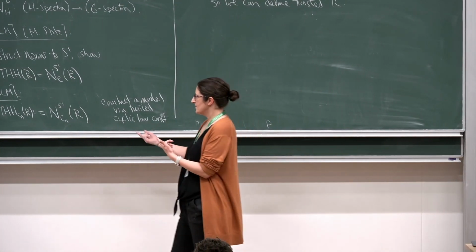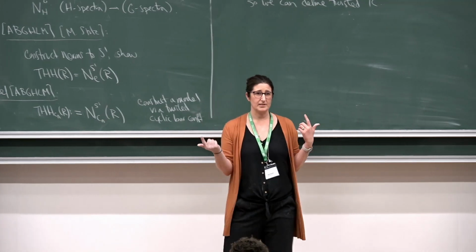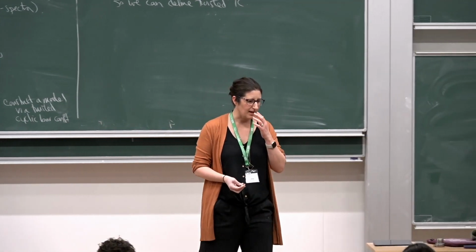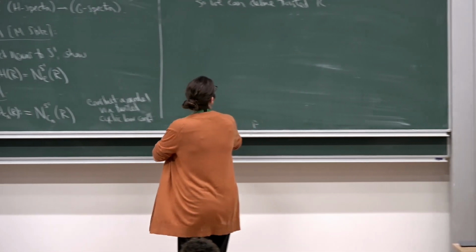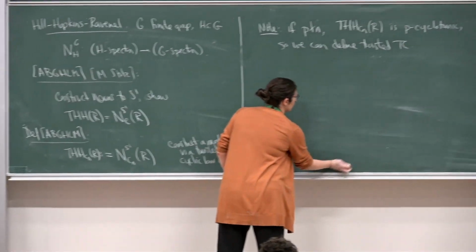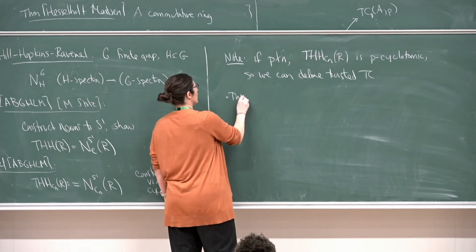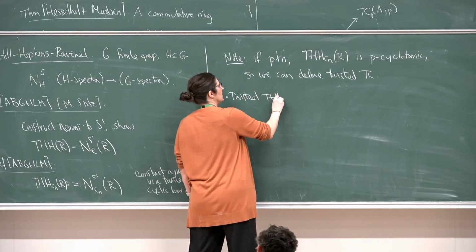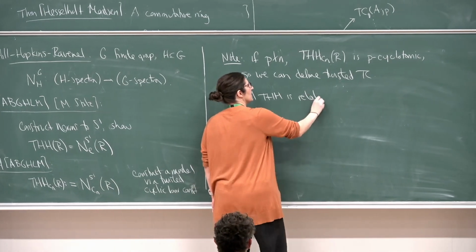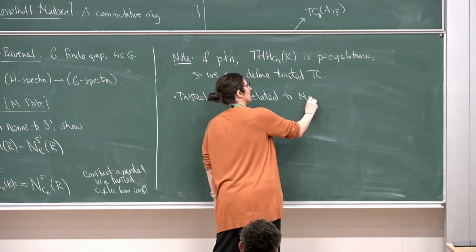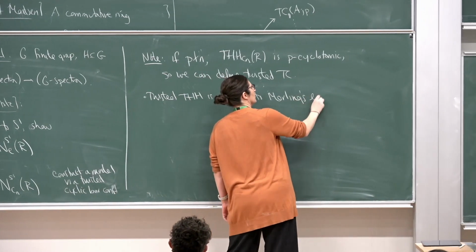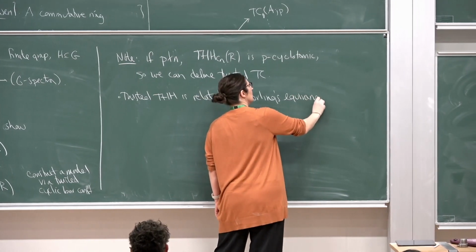So we could ask if something similar is true here: what is THH-Cn related to? I think that's an interesting question. We're seeing that it has relationships. I'm going to be vague here, but twisted THH is related to Merling's equivariant algebraic K-theory that we've heard about.